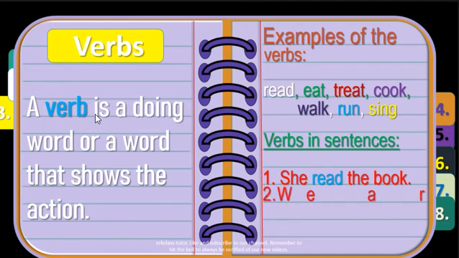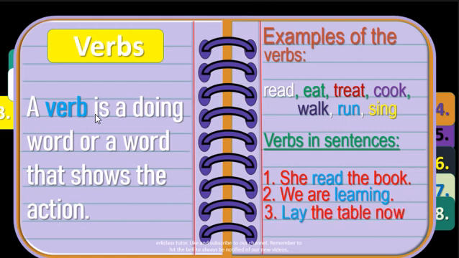Now we are learning, for example. So the action that is taking place is learning. So in our sentence number 2, learning is the verb. Number 3, lay the table now.